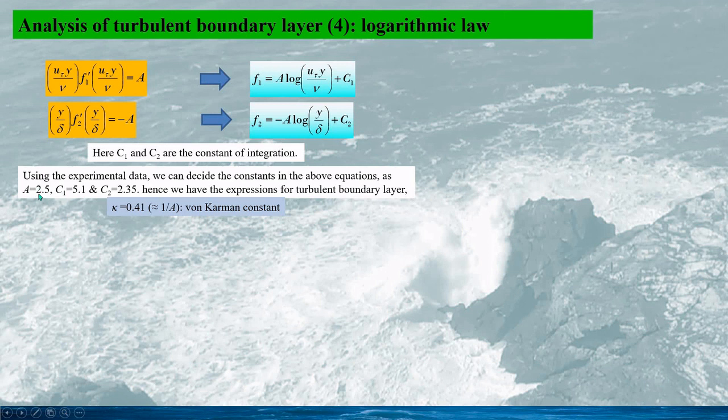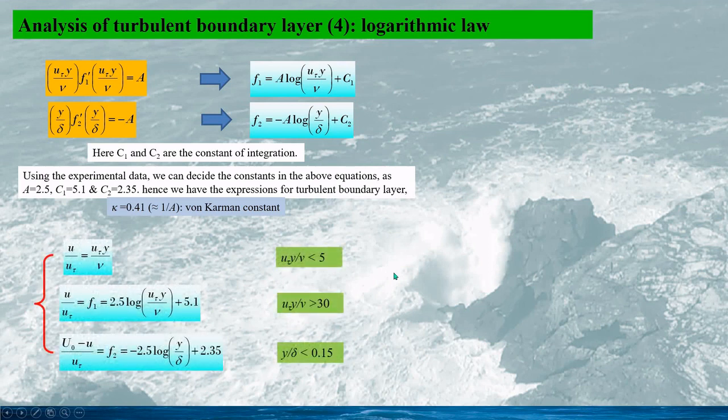Here we have a equals 2.5, c1 is 5.1, and c2 is 2.35. And kappa equals 0.41, roughly equal to the inverse of the constant a. Kappa is the von Karman constant used in fluid dynamics.